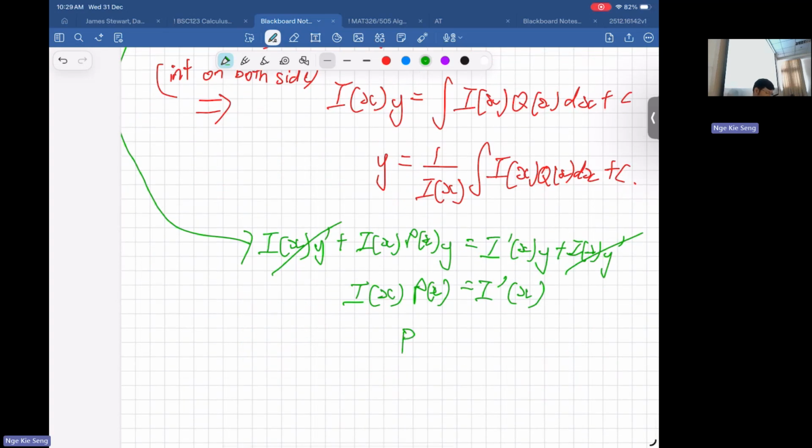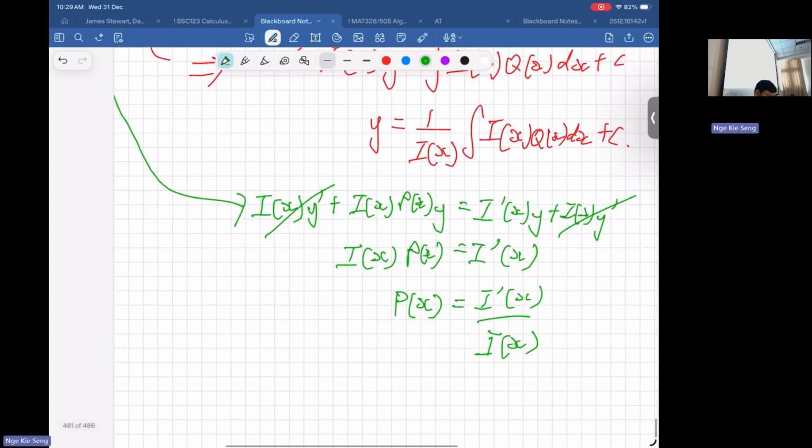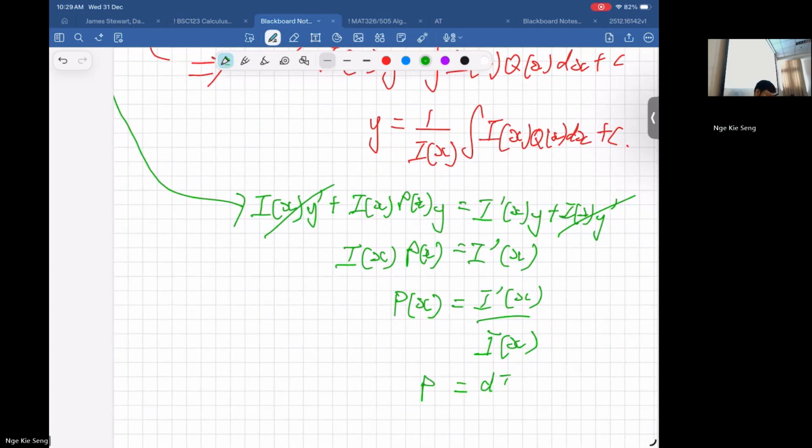Let me write it in this form. Do you know how to solve this? That's why I write it in terms of x.